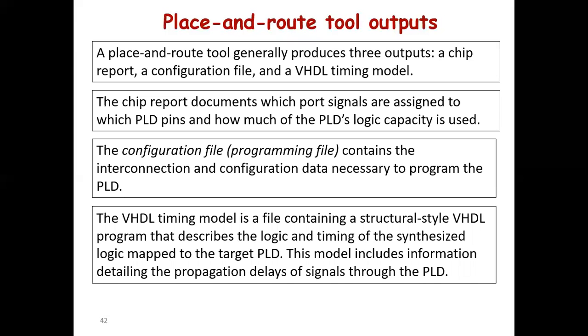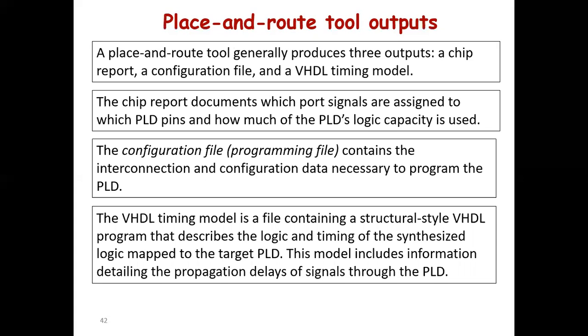A place and route tool generally produces three outputs: a chip report, a configuration file, and a BSDL timing model. The chip report documents which port signals are assigned to which PLD pins and how much of the PLD's logic capacity is used.